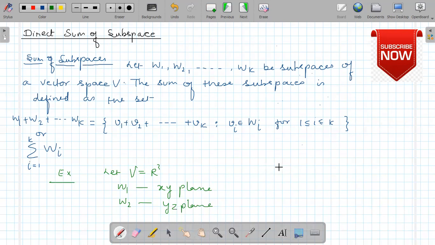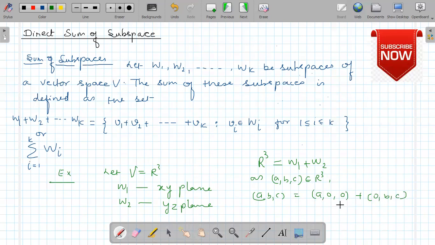because we say that R cube is obtained by adding the members of W1 and W2. If you take any vector of R cube, then you can write ABC as A00 plus 0BC.